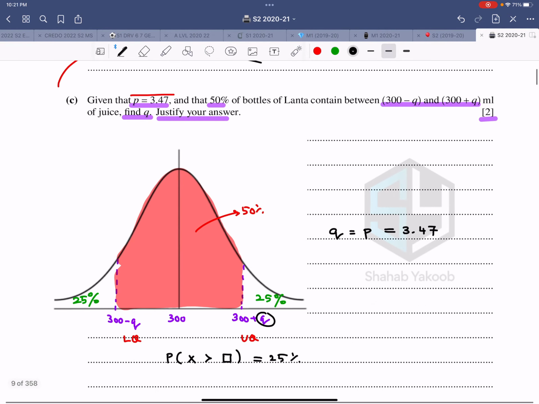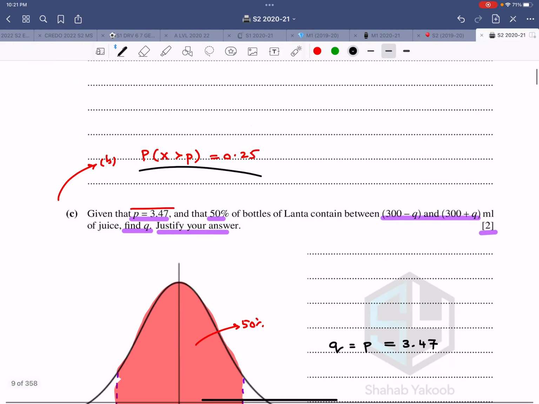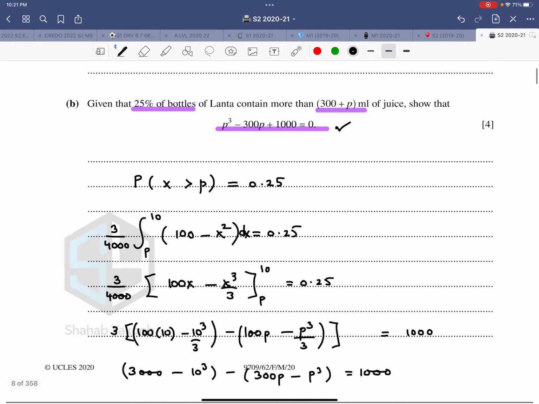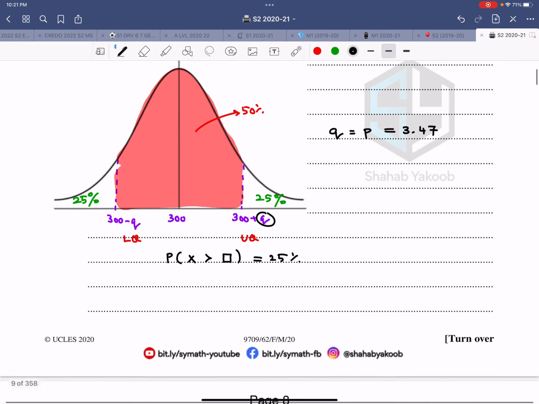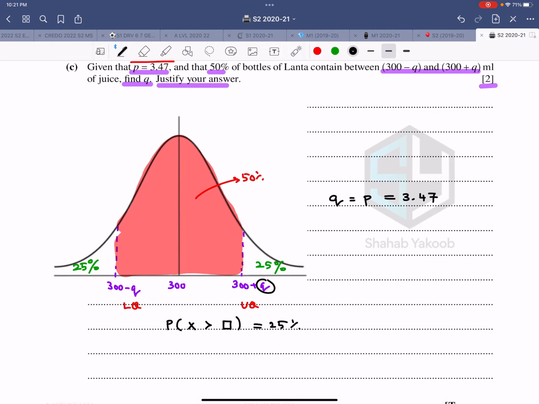Understand it once more. I'm going over it. The previous question was 25% contain more than 300 plus p. And isn't this 25% more than 300 plus q is 25%? Yes. And 300 minus q and less, that is also 25%, because the middle one is 50%.